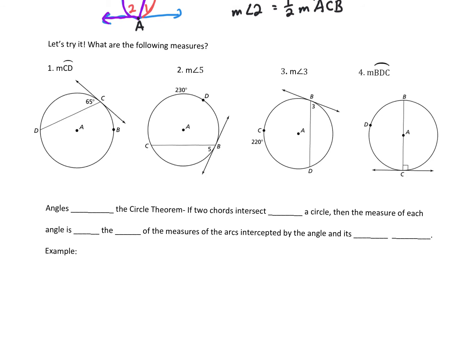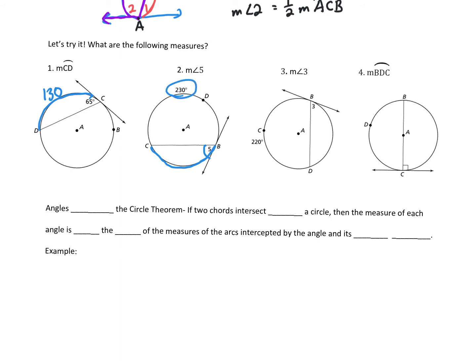Next one, let's try that. We want to find CD, right here. If this is 65, CD is twice that, because the angle is half of the arc. The arc then is twice: 65 times 2 is 130. We want to find the measure of angle 5. So we need to find this. This is 230.